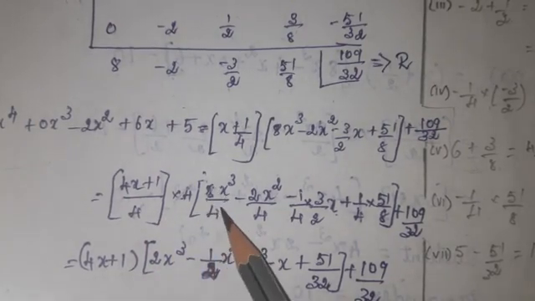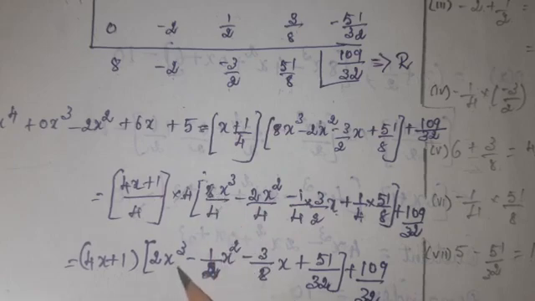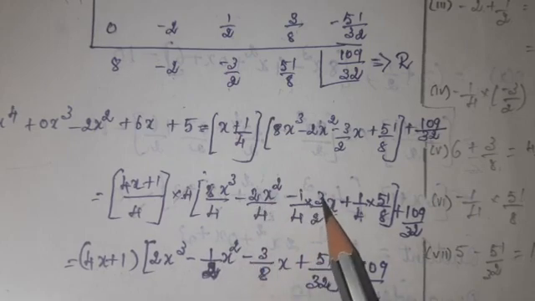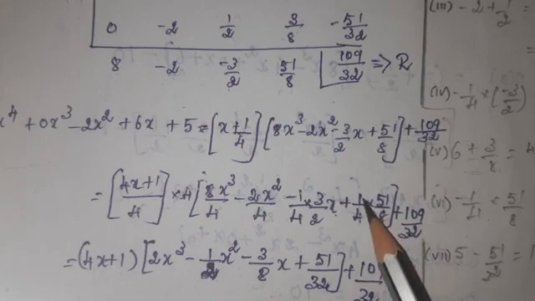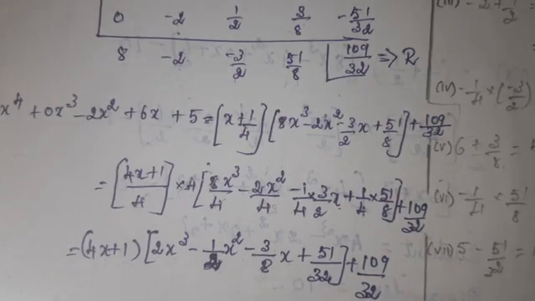Here it is 2 times in 4 table, that is 2x cube. Then here when you cancel it is 1, 2 table it is 2. So you will get 1 by 2 x square minus, here not able to cancel, so multiply 1 into 3 is 3, 4 2s are 8 x plus, here also not able to cancel, 1 into 51 is 51, 4 8s are 32 plus 109 by 32.